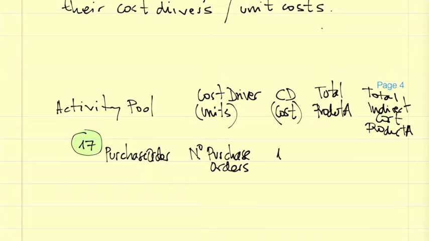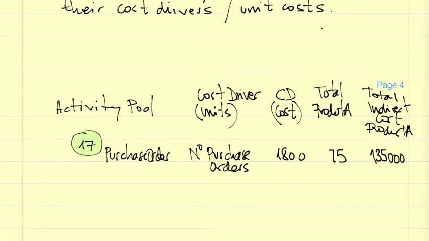The cost unit is 1,800. The total activity, how many times we do it, is 75. So we have a total indirect cost of multiplying both numbers of 135,000.